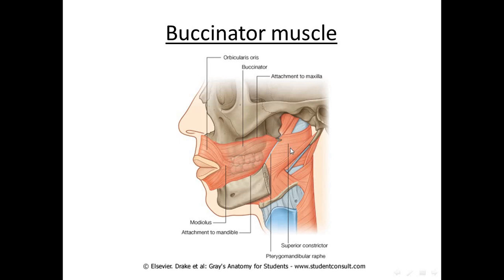Extending from the pterygomandibular raphe here, and then attached to the maxilla superiorly and mandible inferiorly, and then ends by blending with the orbicularis oris. This is one of the large and important muscles, so it will be seen clearly in the images.